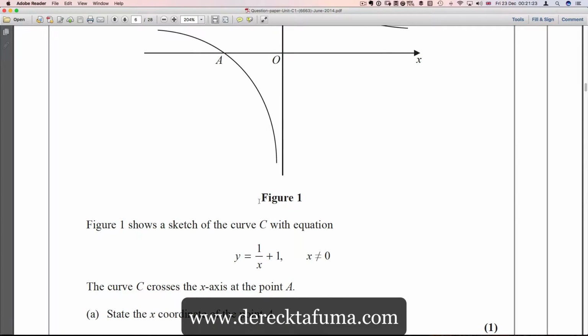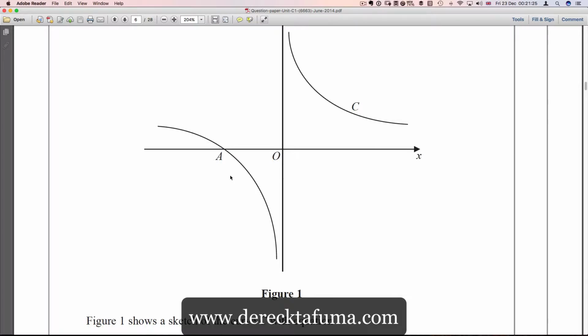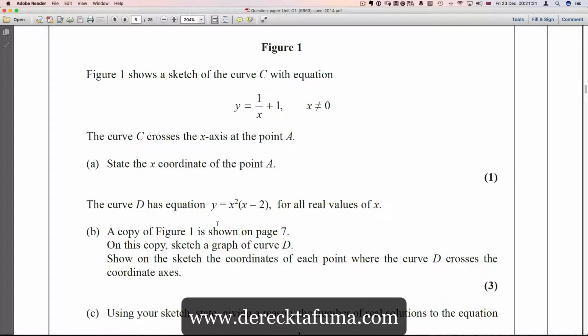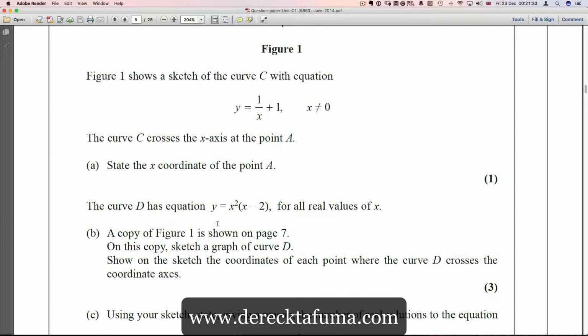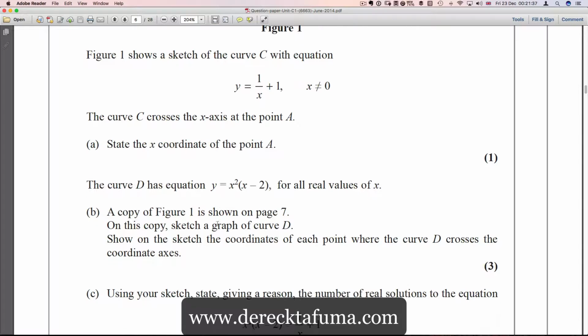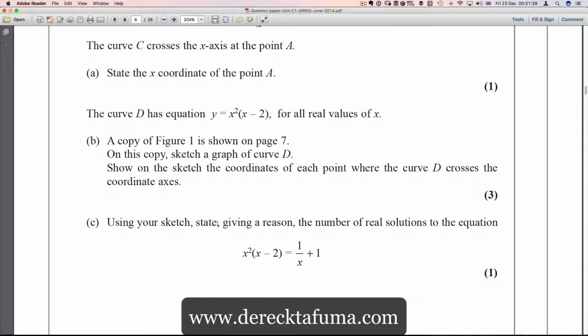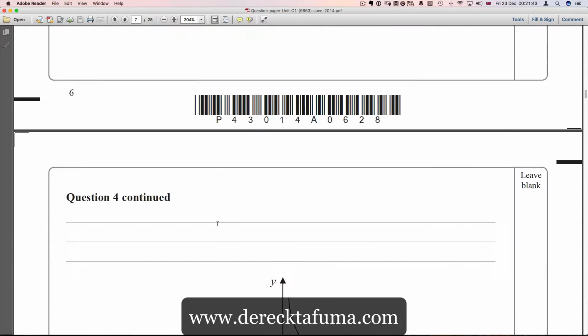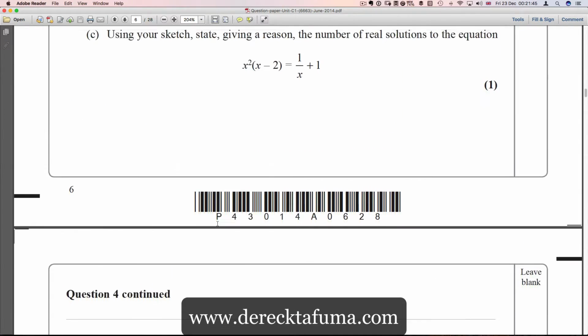So we need to find the x-coordinate of that point based on this equation. The curve D has the equation y equals x squared (x minus 2) for all the real values of x. A copy of figure 1 is shown on page 7. On this copy, sketch a graph of curve D, and there is the graph.